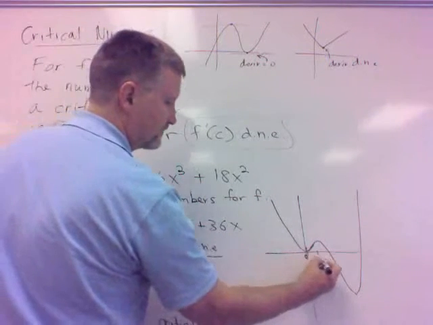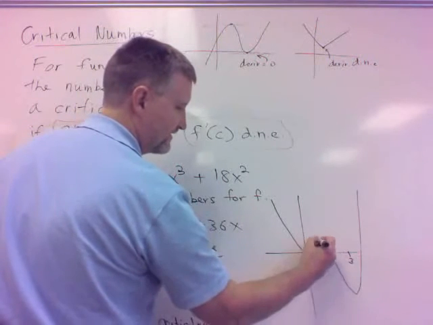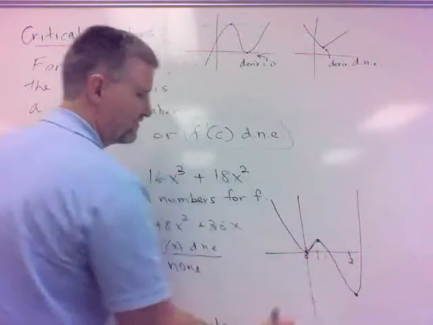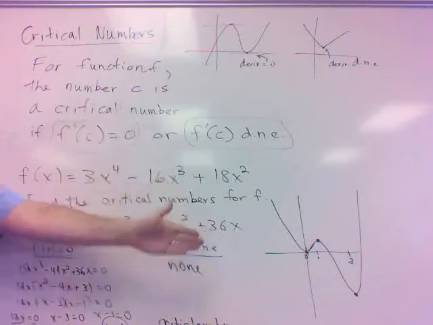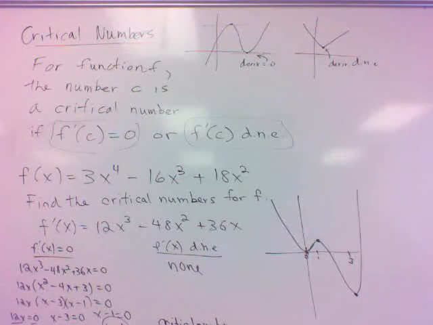Here was x equals 1, and here's x equals 3. It was the peaks and the valleys, wasn't it? Well, it's the exact same thing we're saying. The derivative is 0 at those, so yeah, you have the horizontal tangent. So anyway, those are going to find those peaks and valleys for us. Eventually we'll get to do that.